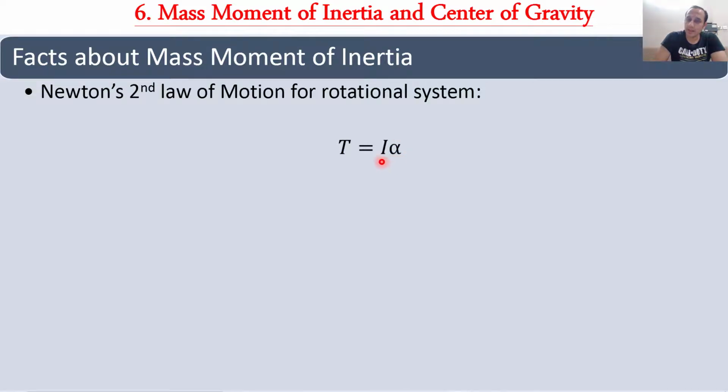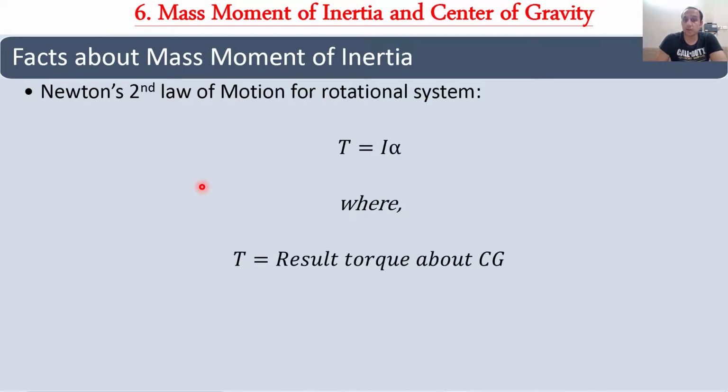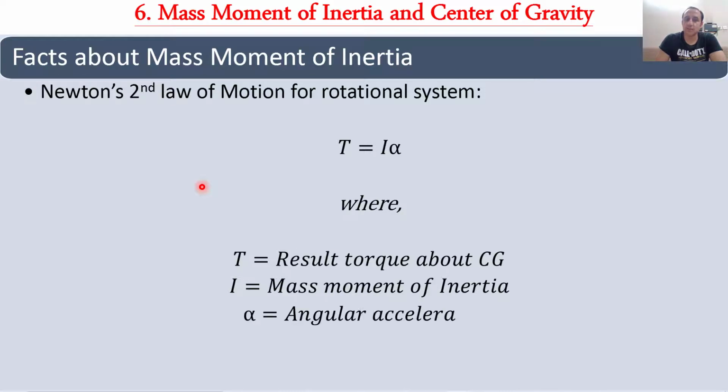So this I is a constant of proportionality, and we need to figure out what it is. It seems like this is the mass moment of inertia. So T is the torque, I is the mass moment of inertia, and alpha is the angular acceleration. This is the application of the second law of motion to rotational systems.